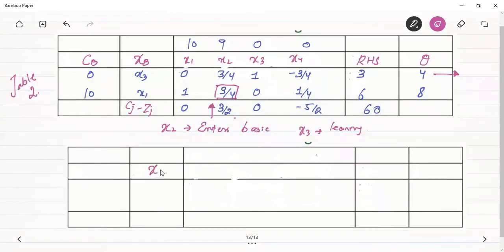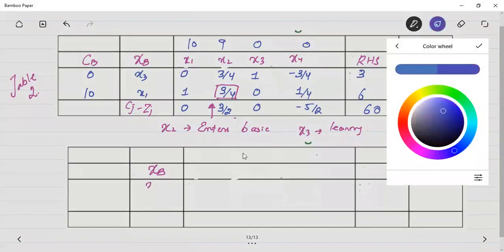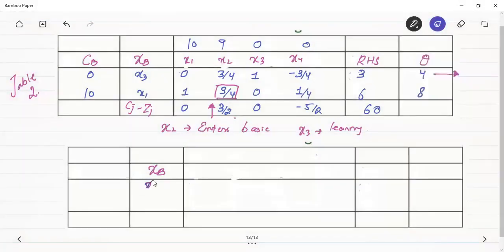Now this will be for the basic variables. See here, x3 is now the leaving variable and it is replaced by x2. Therefore, in this column here, we will have x2 here. and x1 was as it is in the previous. इसका कोफिशिएंट क्या था?